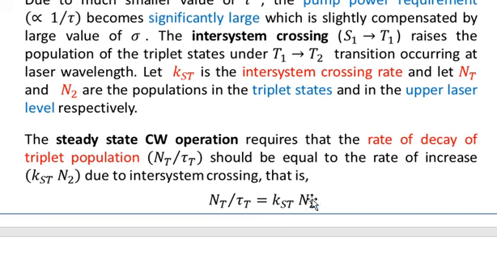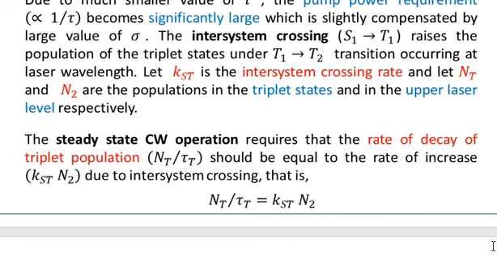But some population has moved from the S1 to the T1 state, and KST takes care of that transition. When the population in the triplet states decays, the rate of decay will compensate the loss due to KST times N2.